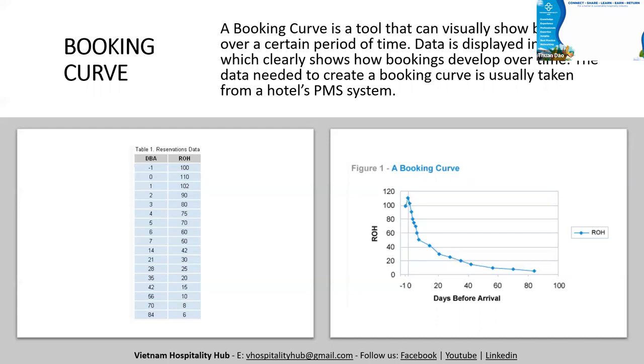So this is the way you understand the pace, and you don't feel panic if you don't see the bookings come. Because if you don't understand this one, maybe you will be put into a panic situation, because now is about 30 days before arrival, but my booking is very little. Why?